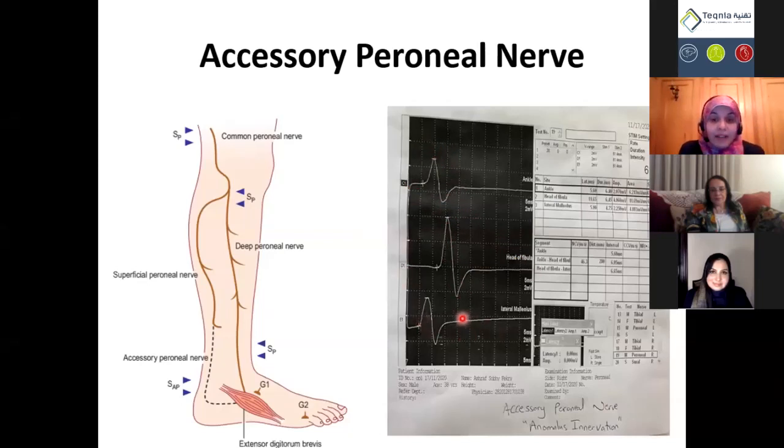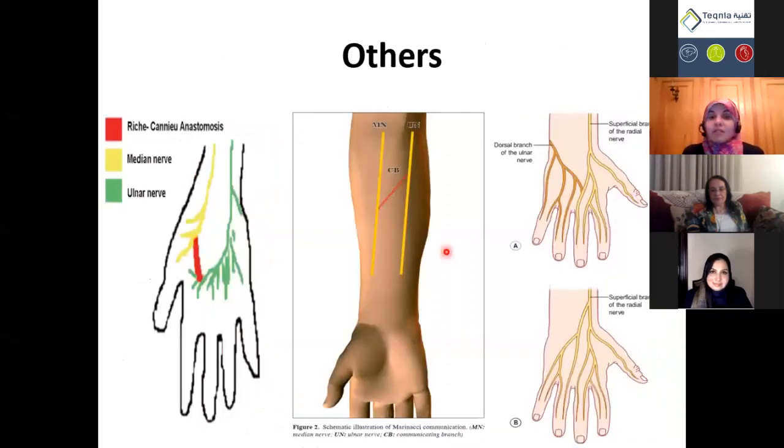And here, when she had the lateral malleolus stimulated, this is the difference between both. These are not the only innervations, but this is the most common innervation that we see. There is ulnar to median anastomosis in the hand. There is ulnar to median in the forearm, and there is the sensory, superficial radial and ulnar.